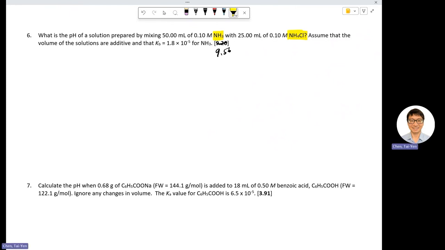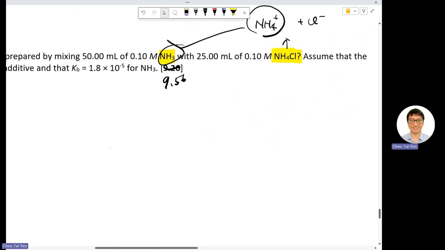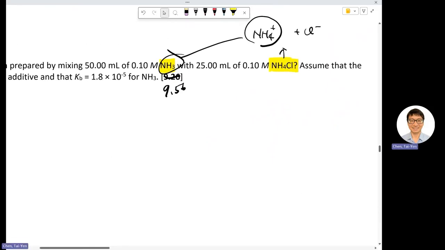The NH4Cl, once it dissociates, becomes NH4 plus and Cl minus. NH4 plus is the conjugate acid of NH3. So inside your solution, you're going to have a good amount of NH3 and a good amount of NH4 plus, and these two are a conjugate acid and base pair. So in this situation, you're going to have a buffer.